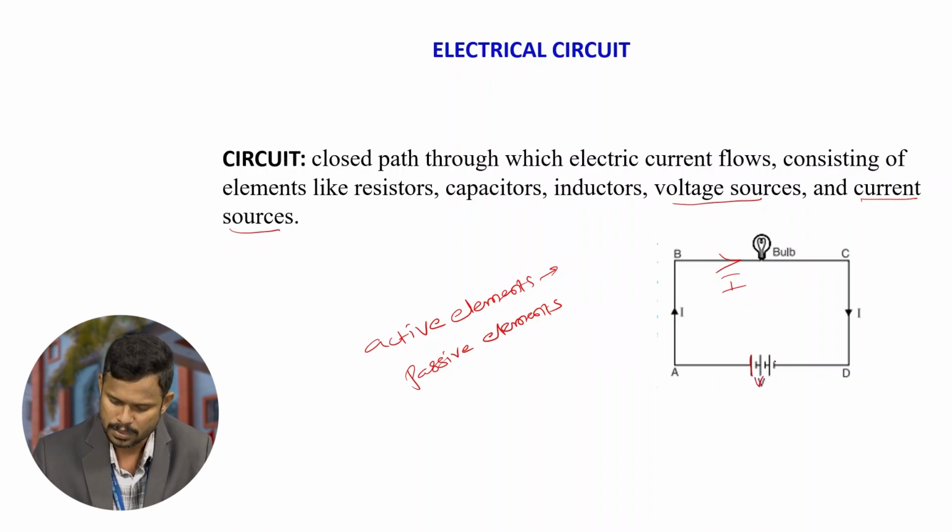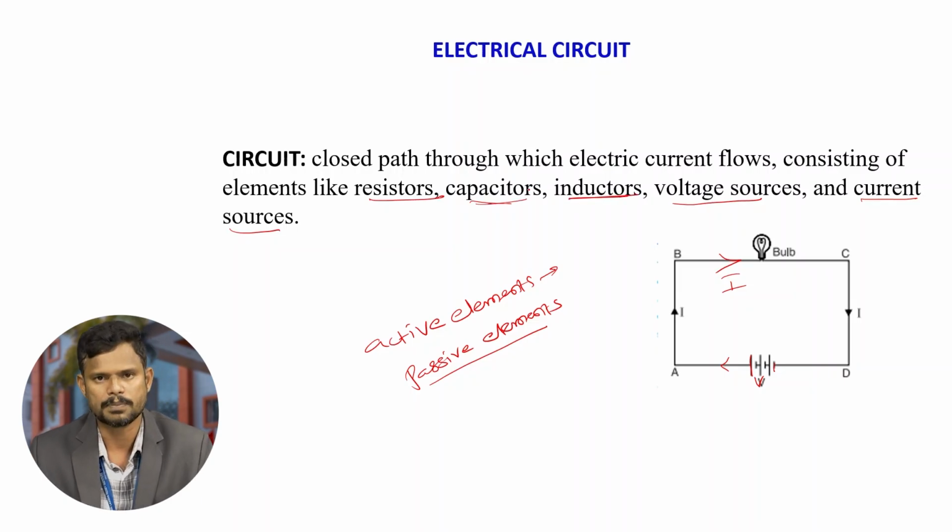A voltage source is able to deliver electrical energy, so it is called an active element. The other elements, resistor, inductor and capacitor, are passive elements. Passive elements are able to absorb electrical energy.